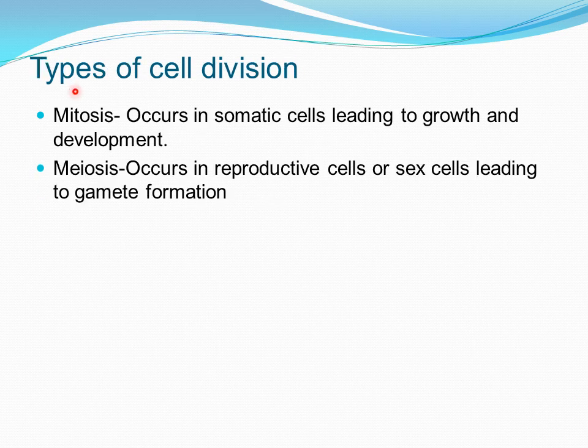Now, what are the types of cell division? Generally we know there are two types of cell division, mitosis and meiosis. I think in standard 7 you have studied a bit, a very basic idea of cell division, though in 10th you will study it in a huge detailed manner. So we know we are having two types of cells in our body, somatic cells and reproductive cells.